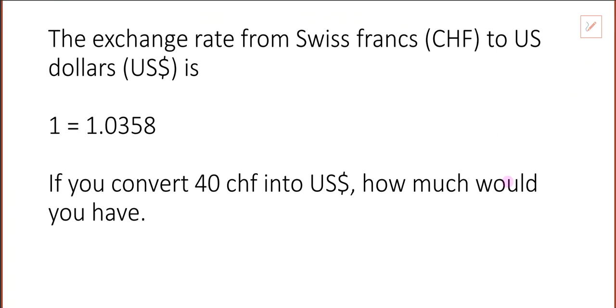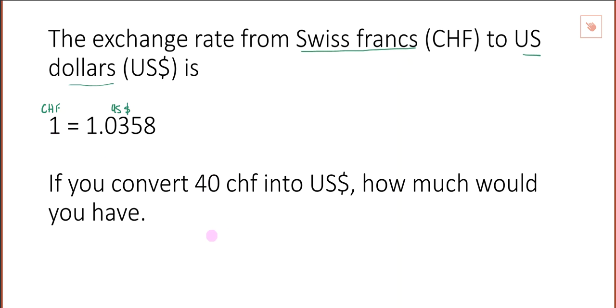Now we've got exchange rates. So I've got Swiss francs to US dollars. For 1 Swiss franc, I would get 1.0358 US dollars. So I get more dollars than I would have francs.